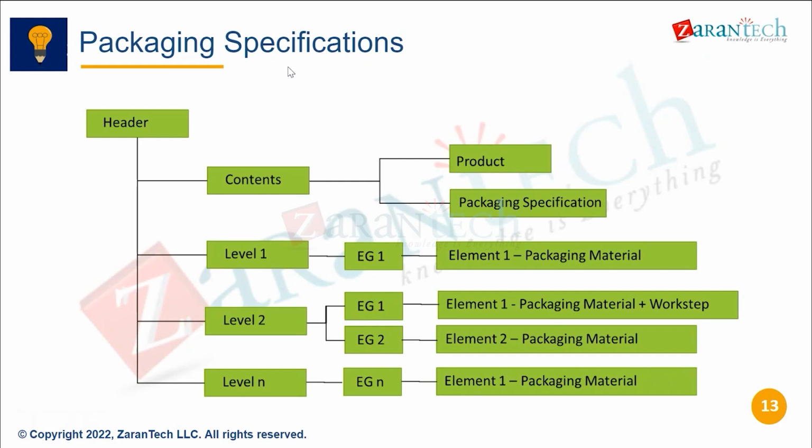So here you can see in the packaging specification header data the status of that packaging specification document which is created for the product, and who has created this packaging specification. These details will be at the header level.